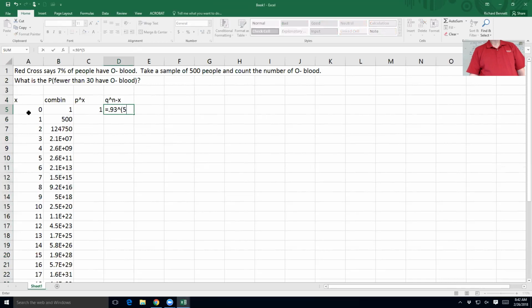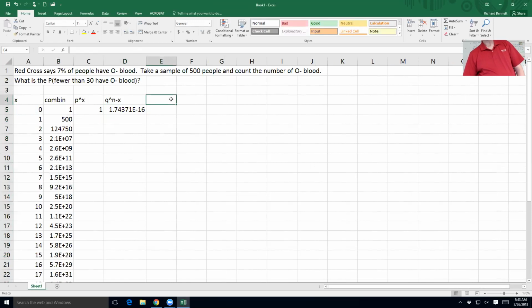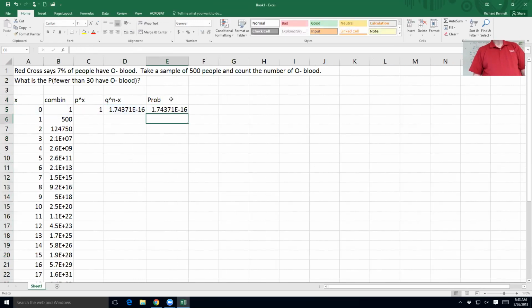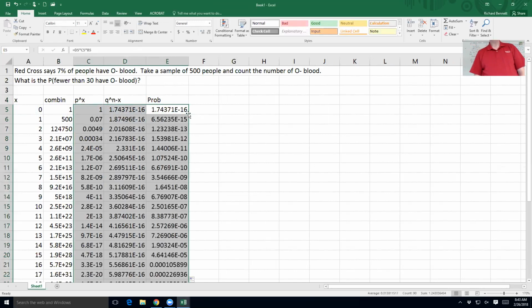No, n is 500 minus 0. And then my probability is going to be over here. This is my probability column. Basically, I'm just going to multiply these 3 numbers together. Now, the probability that x equals 0 is minuscule. 1 times 10 to the minus 16 is tiny. But I'm going to do this for all of those.